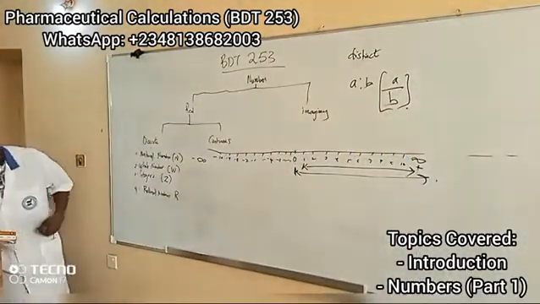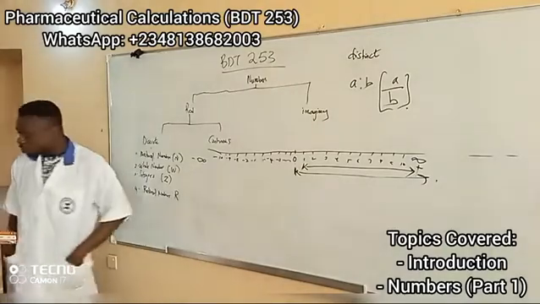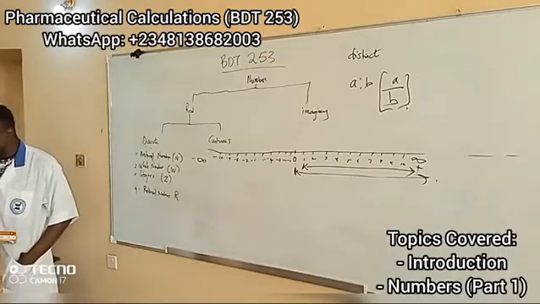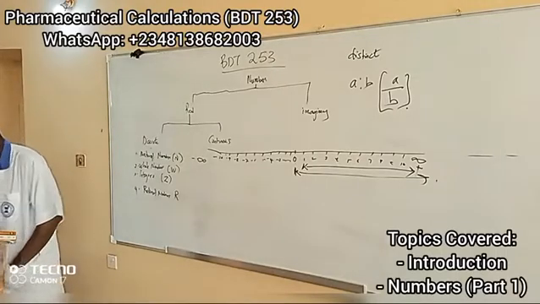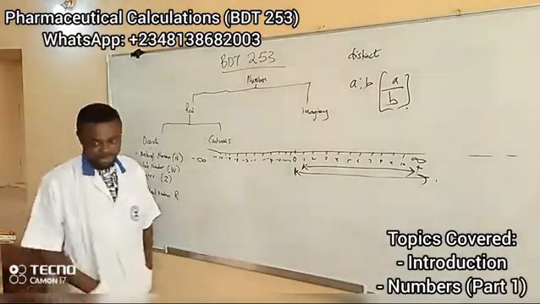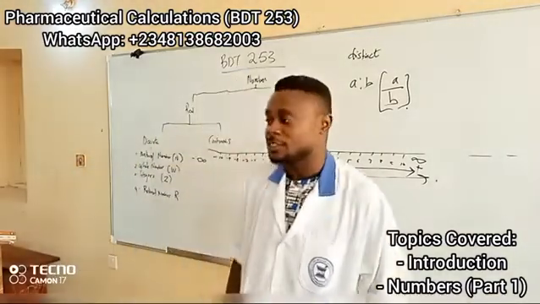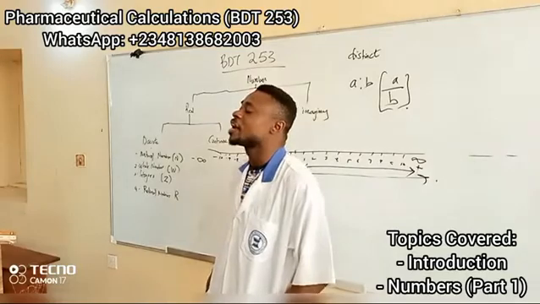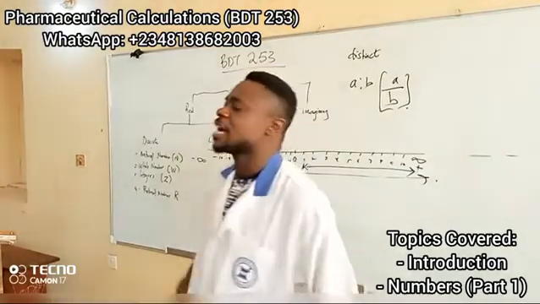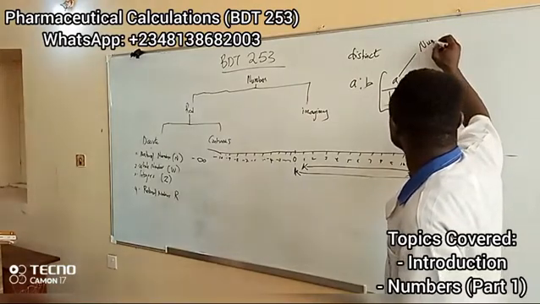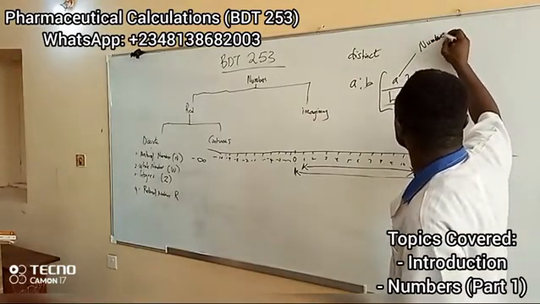Rational numbers are fractions in which the numerator and the denominator are integers. That means they exist in this form. This is the numerator.